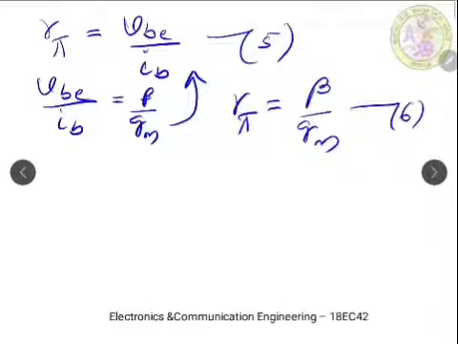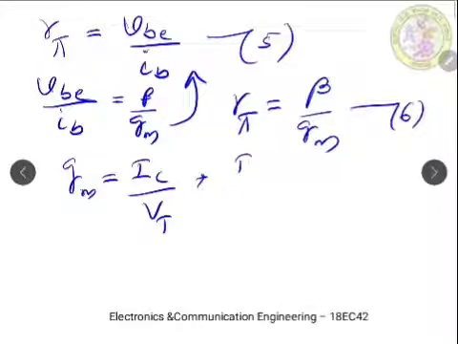But we also have some more relations with gm. gm is nothing but IC divided by VT, and IC by beta is nothing but IB.